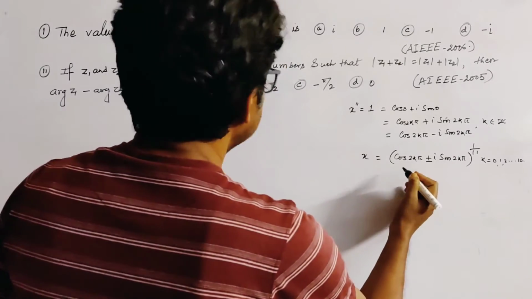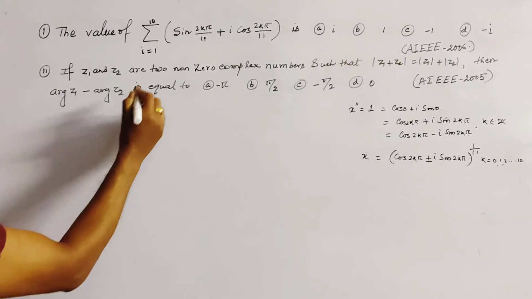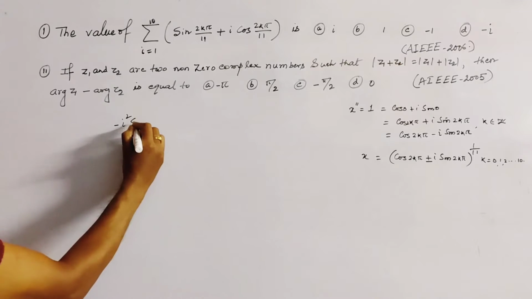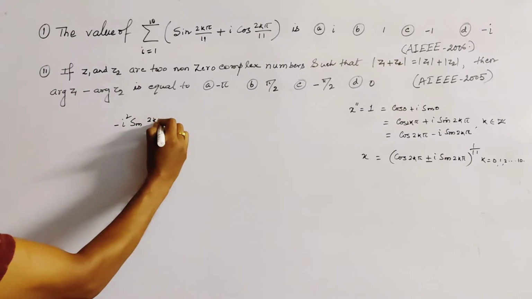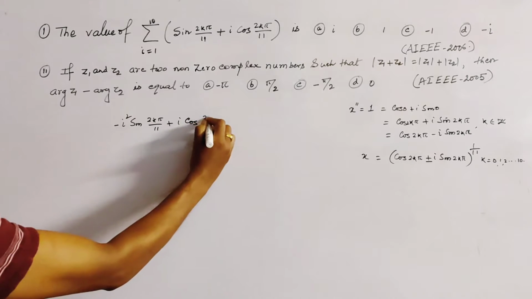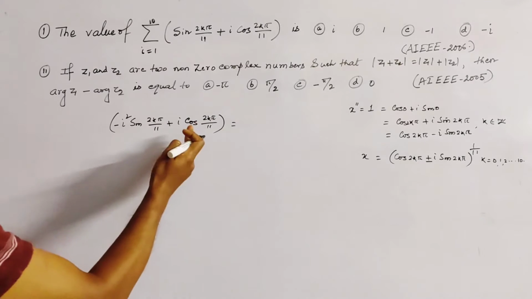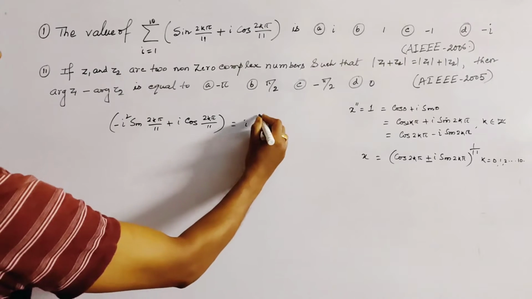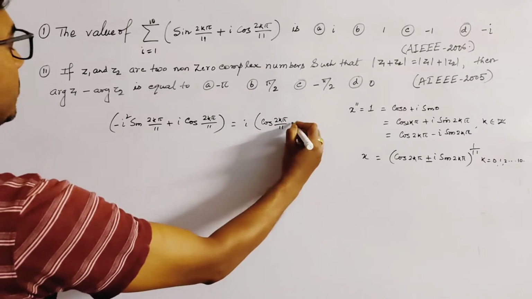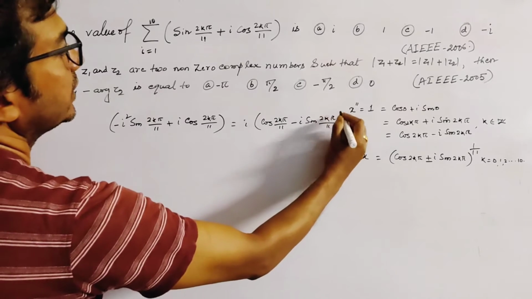Now if we write this result using i squared, this is minus i squared sin 2kπ/11 plus i into cos 2kπ/11, and taking i common, we get i into (cos 2kπ/11 - i sin 2kπ/11).